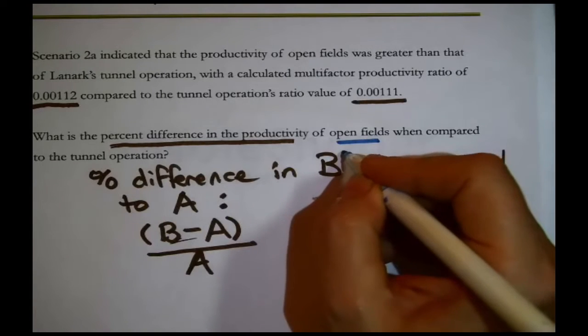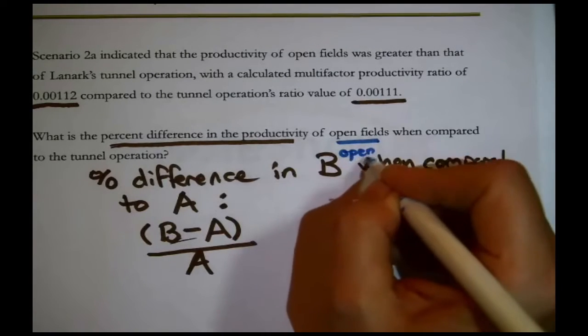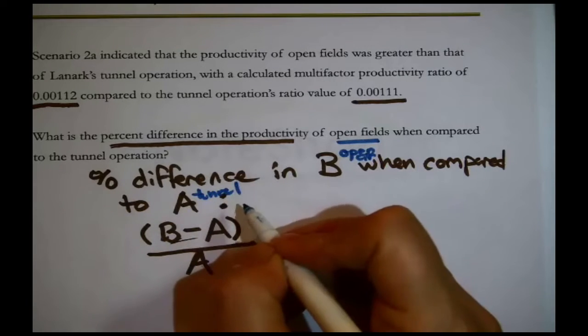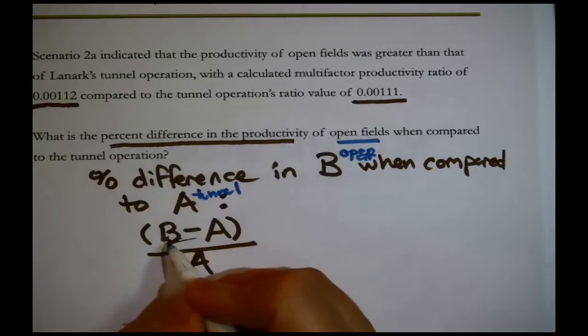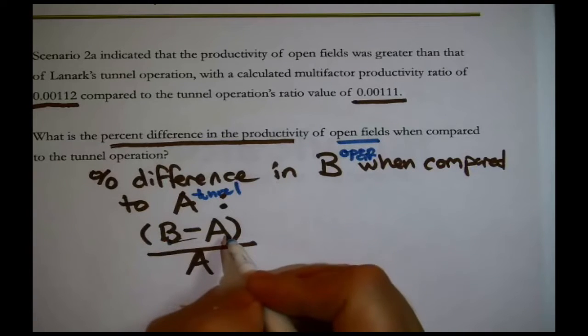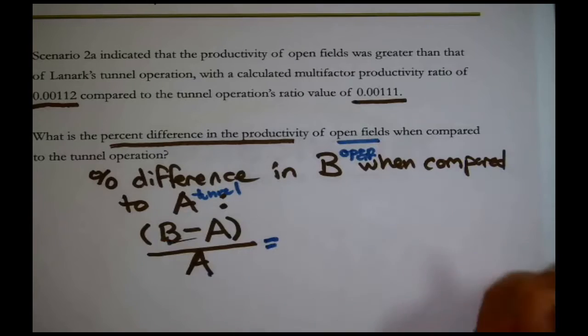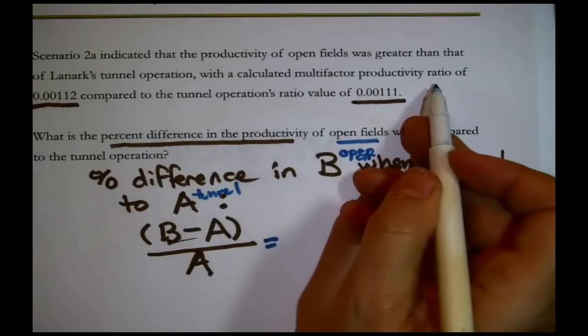Okay, so that means B is open air and A would have to be tunnel. So the open air productivity goes here, the tunnel productivity goes here, and then the tunnel productivity goes in the denominator. I think I can do that, right? Because they're quoted up here.